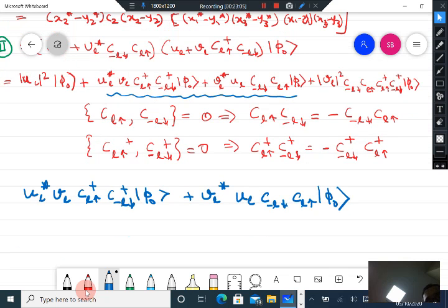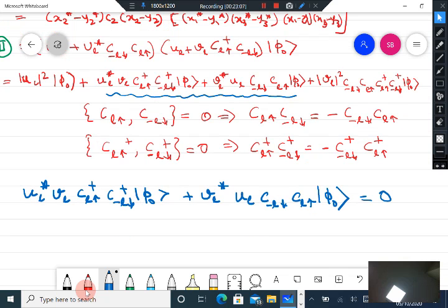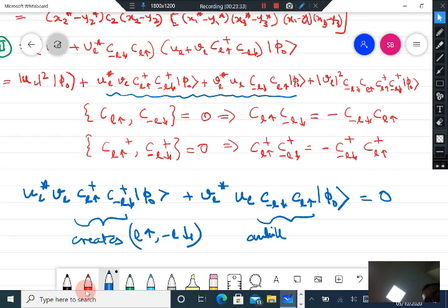If you consider these two together, this will be 0, because this creates an l up, minus l down state, because you are using c_l↑† c_{-l}↓†, and this annihilates the created l up, minus l down state.